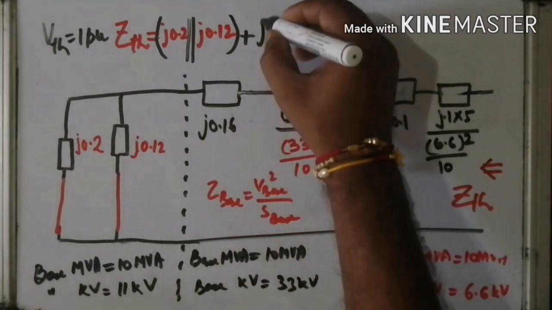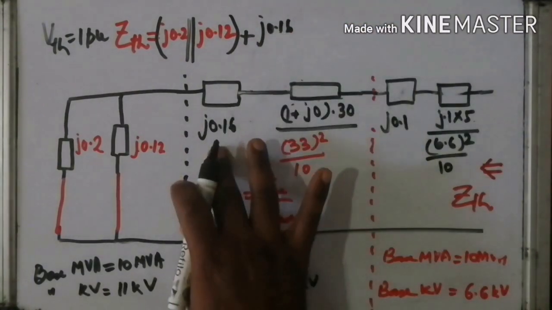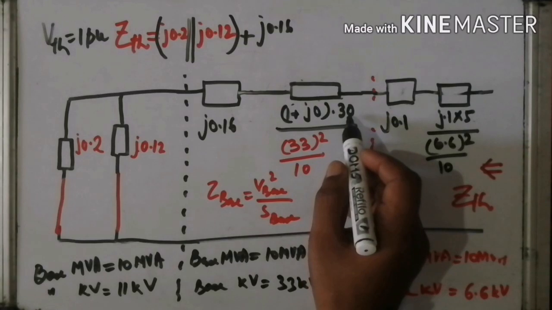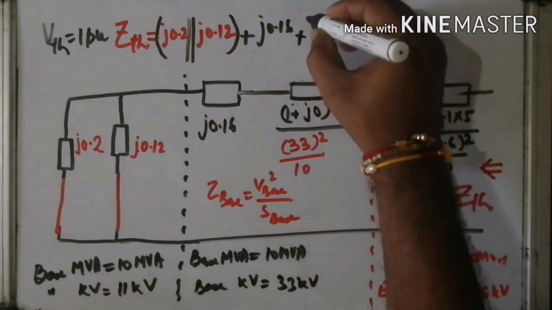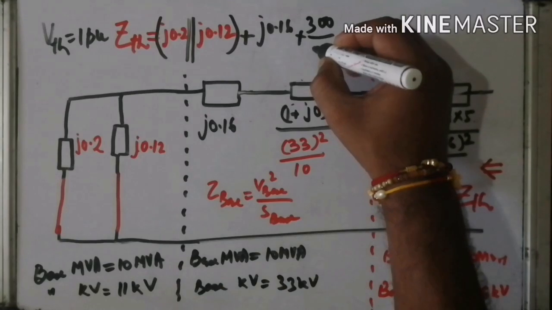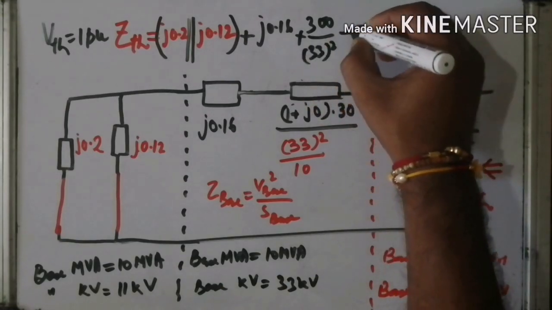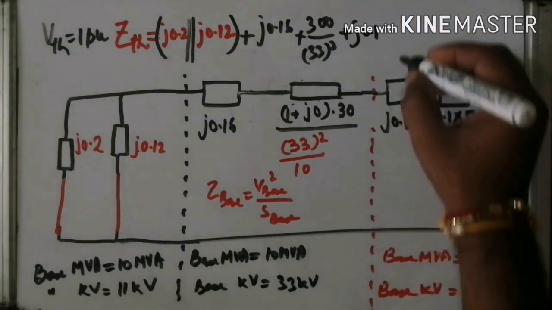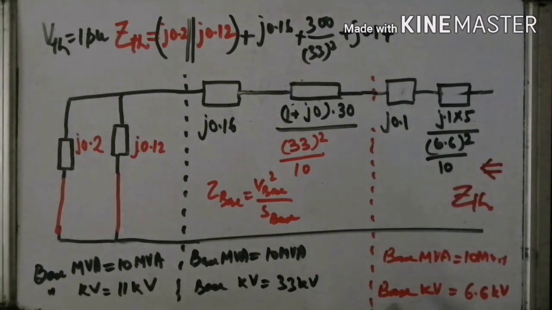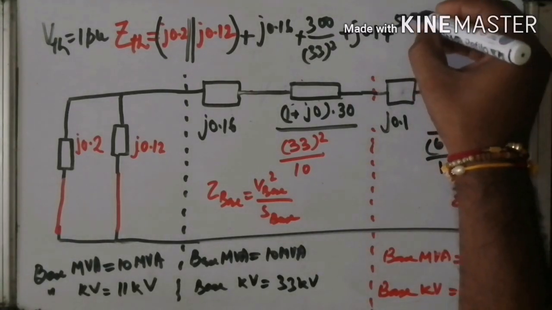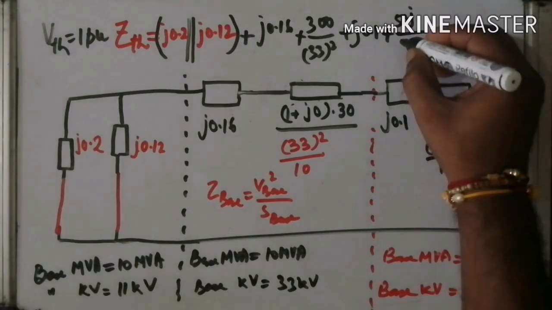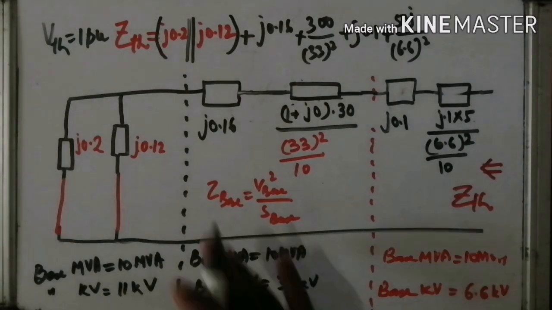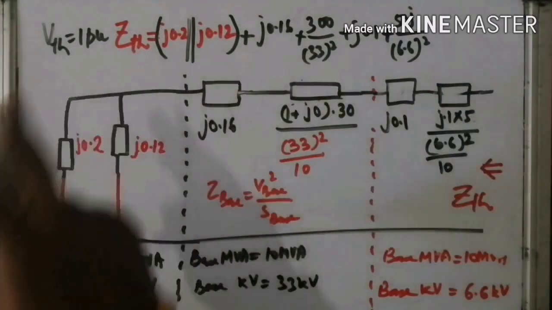So this one is J 0.16, this one plus this one, it becomes J 0.30, 30 into 100, 300 divided by square of 33 plus J 0.1 plus this one, it is 50J divided by 6.6 whole square, right? With the help of this equation, we can calculate the value of ZTH.